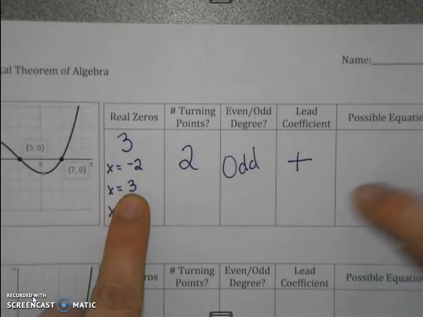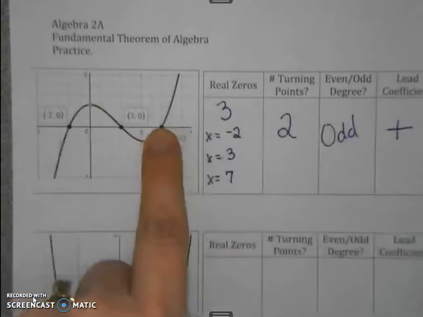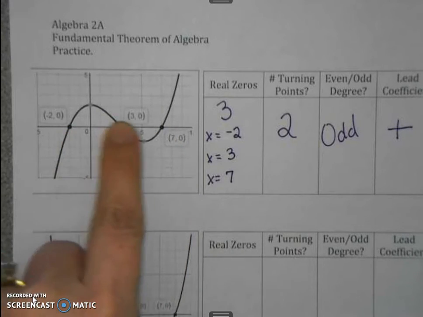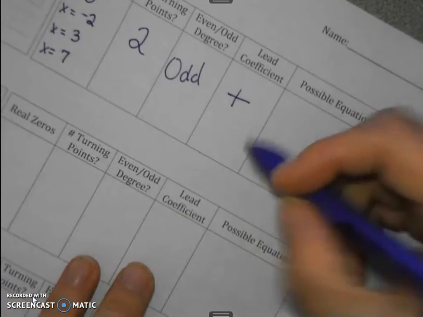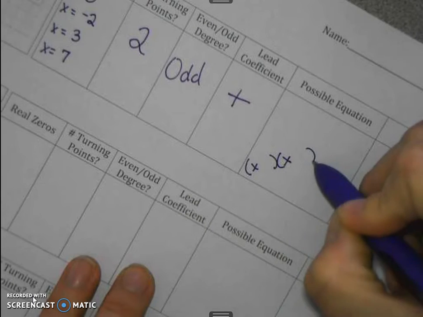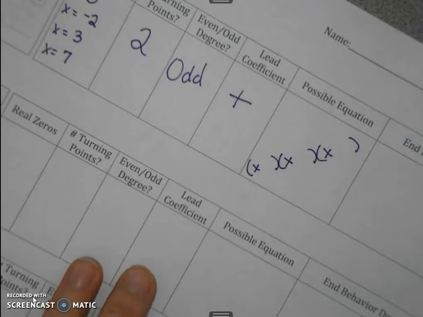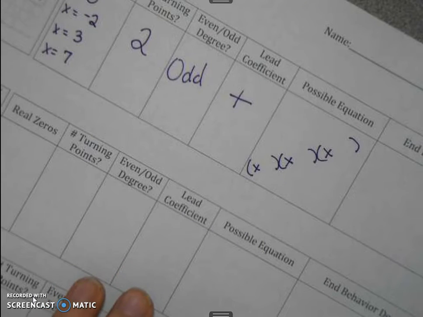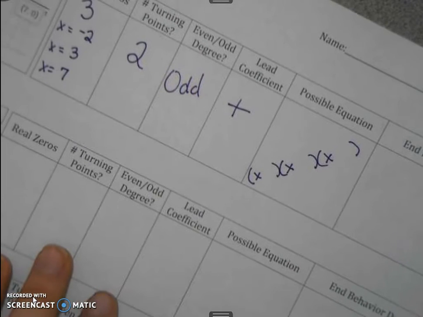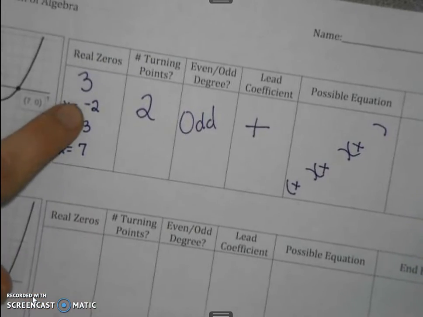It is kind of long, so I'm going to go diagonal, but I should have 3 parentheses because I have 3 real zeros. So parenthesis x, x, x. And again, I'm just doing that on the diagonal because there's not a lot of space. And we want to do the opposite of what's on the graph, which is why I wrote these.